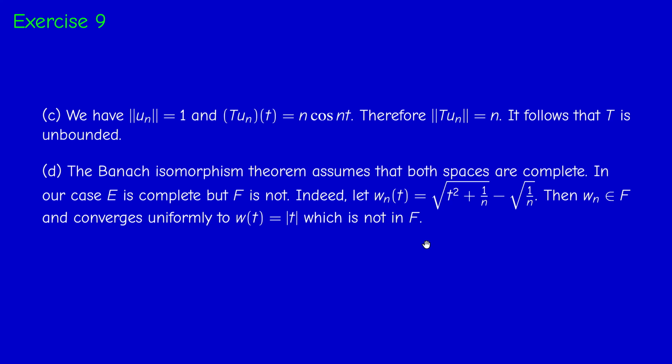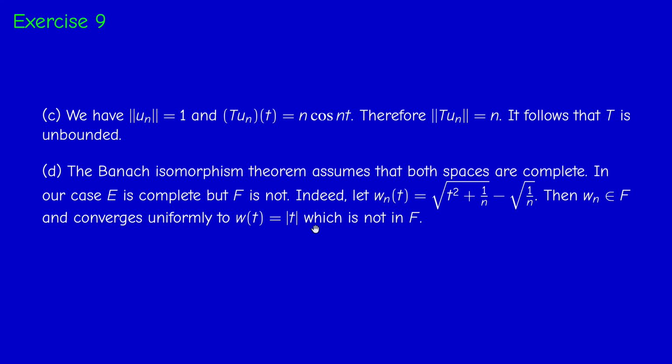Recall that uniform convergence is precisely convergence in the sup norm. This is why we call it the norm of uniform convergence. You check that, it's not difficult. Take a paper and a pen and do that, because I may ask you such things in the exam. You should be able to prove that w_n converges uniformly to absolute t.